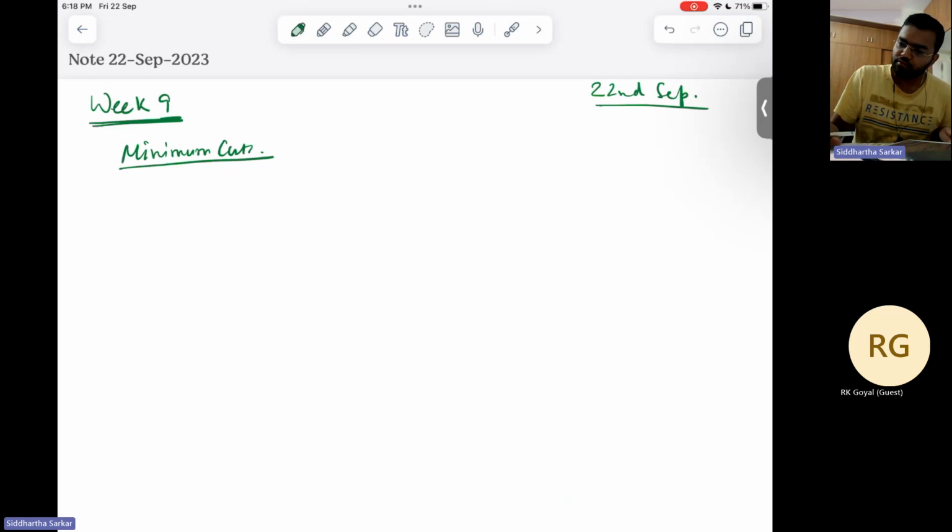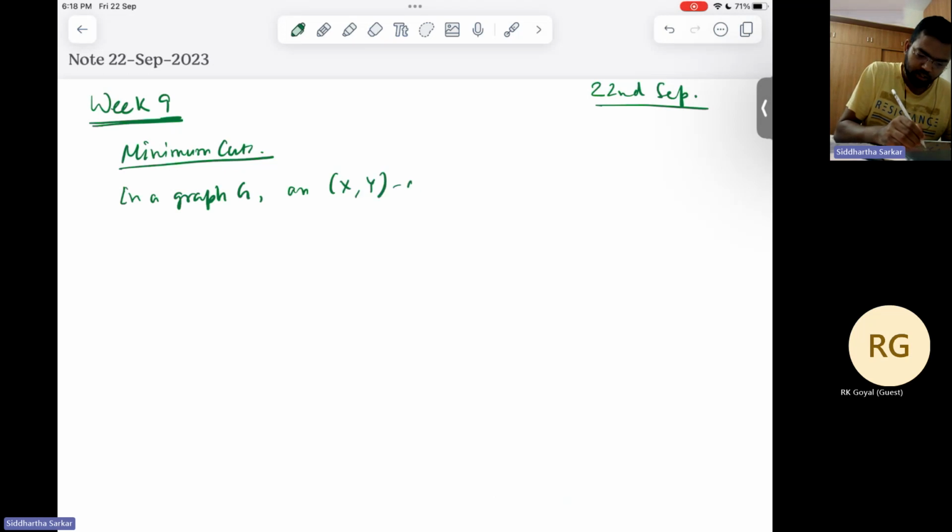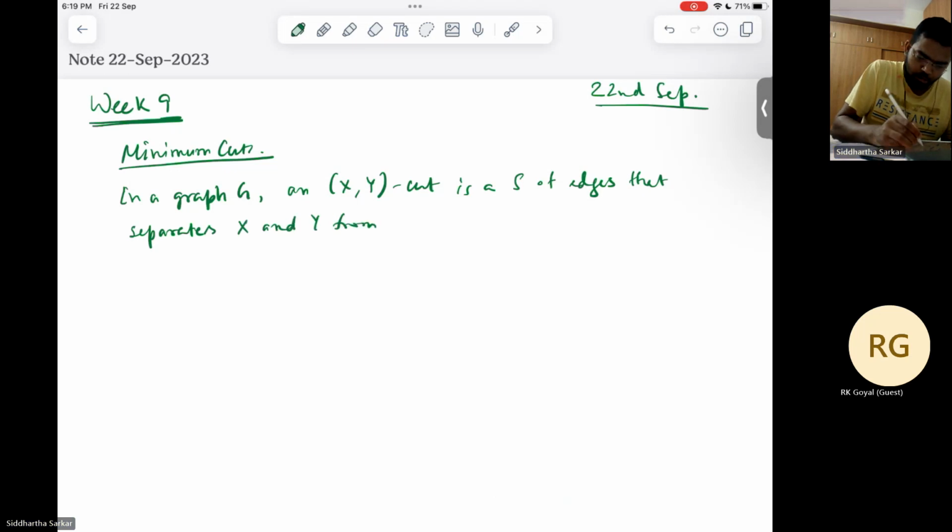So consider a graph G. In a graph G, an x comma y cut is a set S of edges that separates x and y from each other.